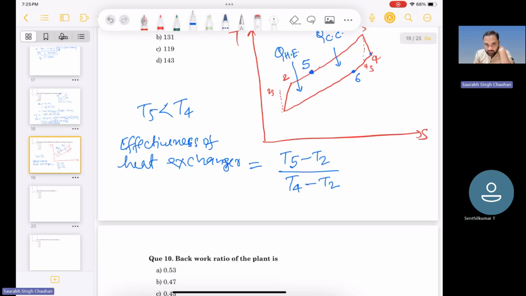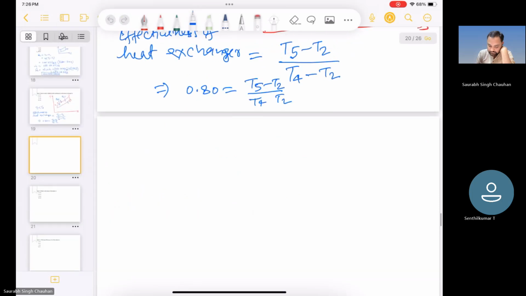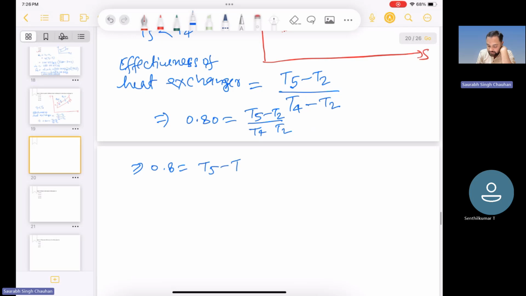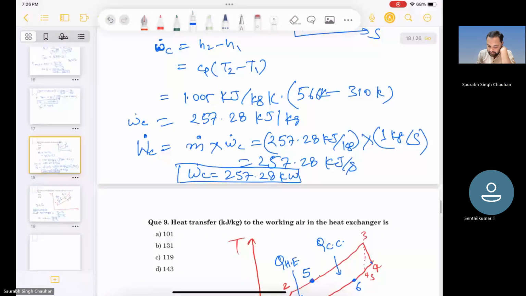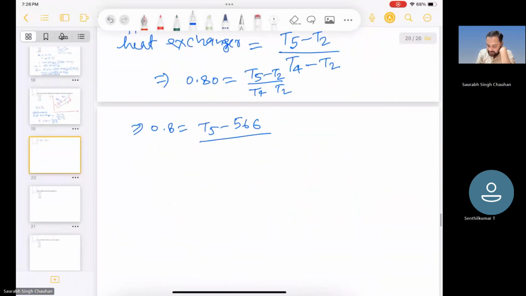So T2 we have already calculated in the previous question. T4 also we calculated. Now we can calculate T5 since we have the value of effectiveness. Effectiveness is given as 80%, so 0.80. It will be equal to T5 minus T2 divided by T4 minus T2. So 0.8 is equal to T5 minus T2, where T2 was 566, divided by T4.